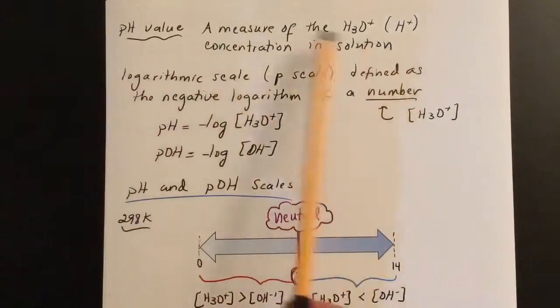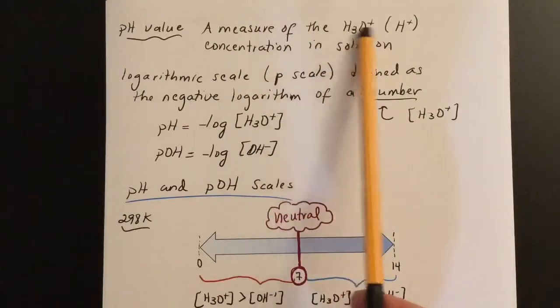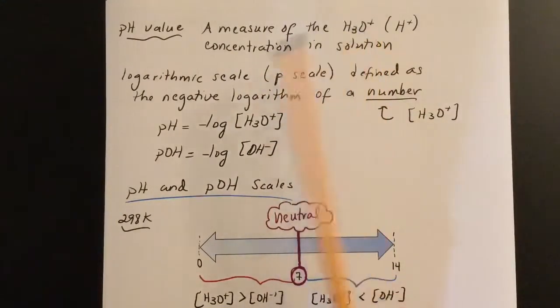So a pH value will tell you if you have a high or low concentration of that substance in solution. It's the potential for hydrogen. It's a logarithmic scale, which is just the log of the concentration of H3O plus in solution or the concentration of H plus in solution, because they represent the same thing.